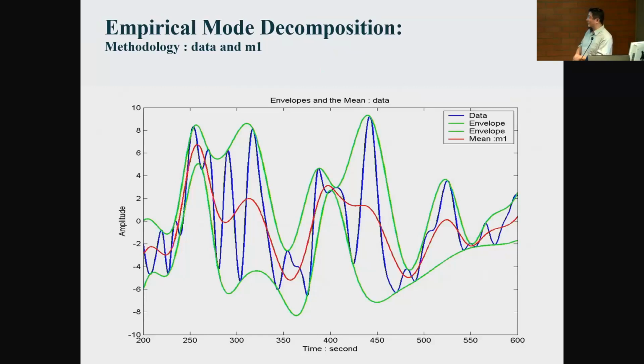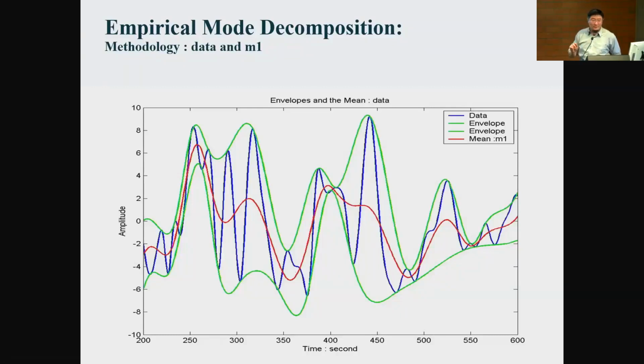You try to find the maximum of all the top signal and link them together, and that's how you get the upper envelope. You find the extremes, the maximum and minimum, and link them together, then you can get the bottom envelope. And then you take the mean of these two. You get the red curve, which is the mean of the two envelopes.